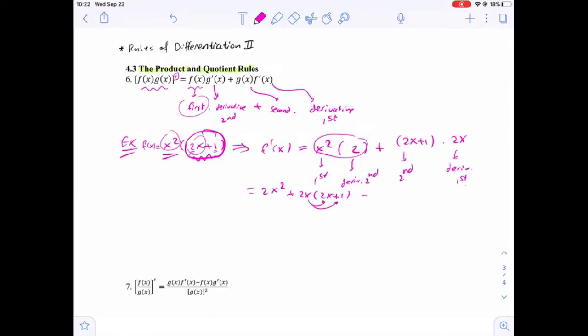You may distribute 2x over this. You get 2x squared plus 4x squared plus 2x, and those give 6x squared plus 2x, and that's it. This is called the product rule. We have two functions multiplied by each other. Let's take another example.